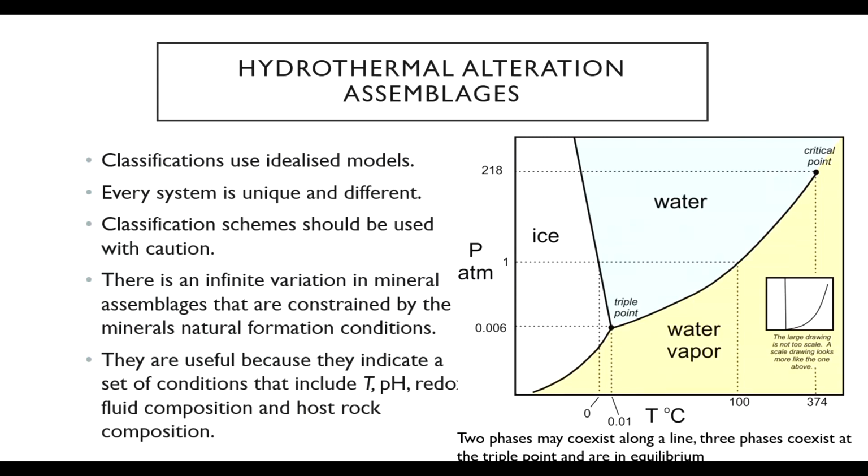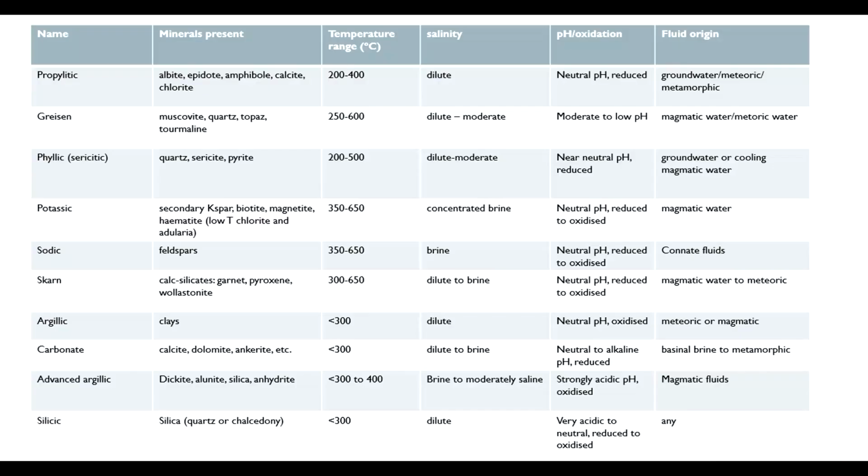In reality, there could be multiple or infinite solutions or mineral assemblages formed, but generally it follows fairly standard types. So this is the broad classification. Everybody loves tables in talks, I know, but we'll get more into it.